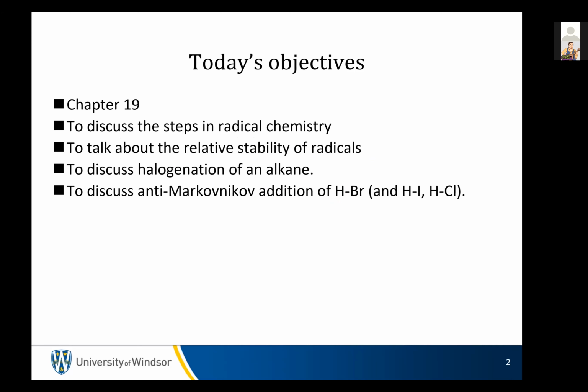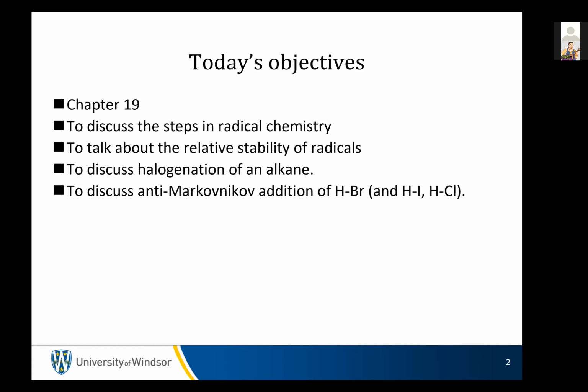So this is chapter 19 in your textbook, and I'm going to double check. Yeah, it is. Good. So we're going to discuss some of the concepts and terminology that we use in radical chemistry.